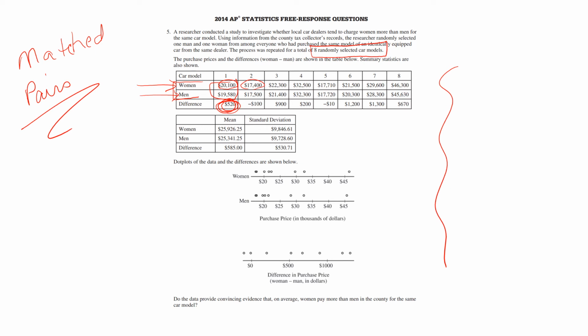That would have been 2 independent samples. But in this case, we have one sample, and each observation is the difference of 2 related numbers. Those 2 numbers are related because the woman and the man bought from the same dealer.